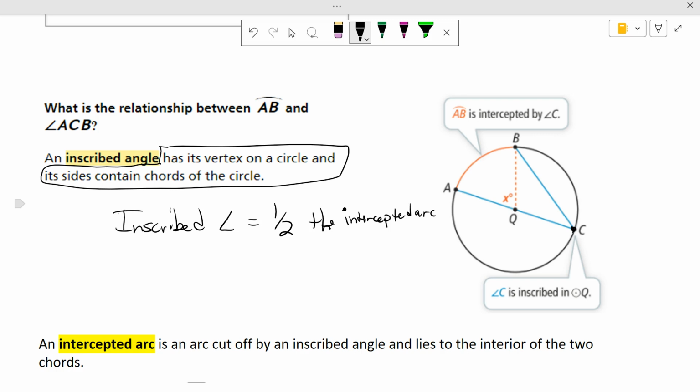An intercepted arc is an arc cut off by the inscribed angle and lies to the interior of the 2 chords. So you have an intercepted arc and you have an inscribed angle. You need to know both of them, okay, what they are.